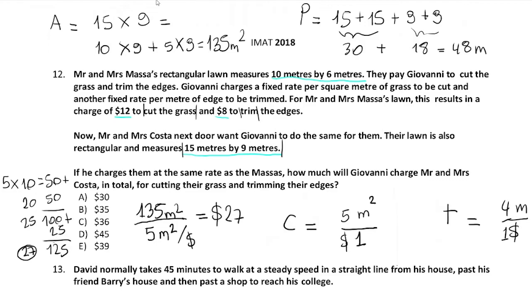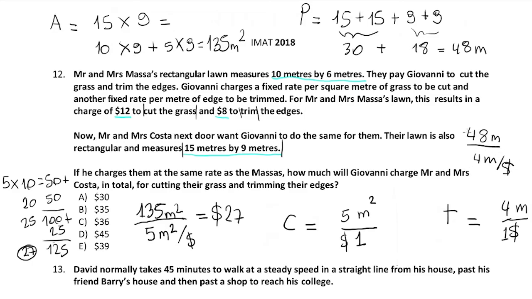And right now we have to calculate the perimeter cost, so the trim cost. The total trim is 48 meters, and this we have to divide by 4 meters per dollar.